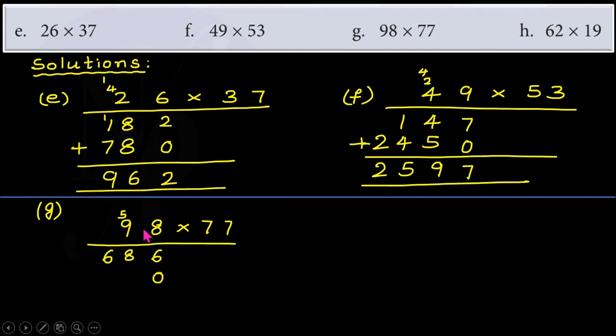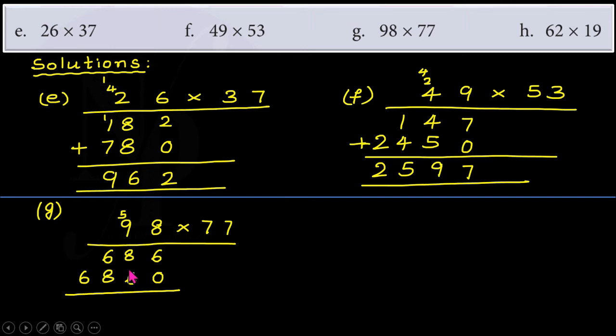Again, if you multiply 98 by 7, we get same product. So let us write the same digits here, 6, 8, 6. That is, on multiplying 98 by 70, we get 6860 as product. On multiplying 98 by 7, we get 686 as product.